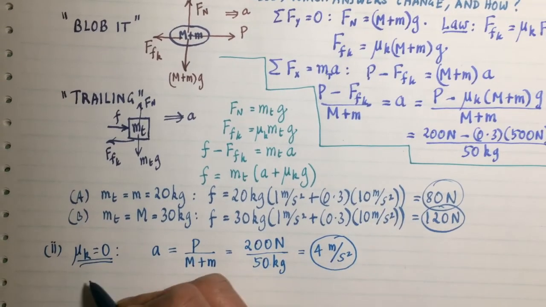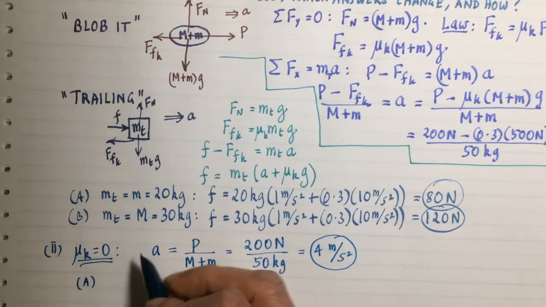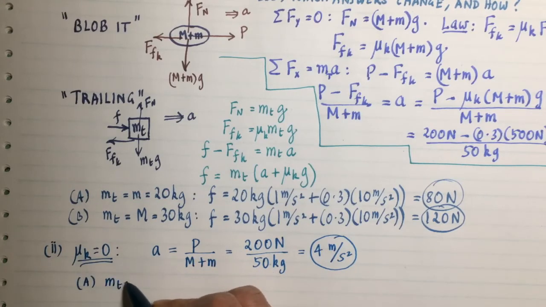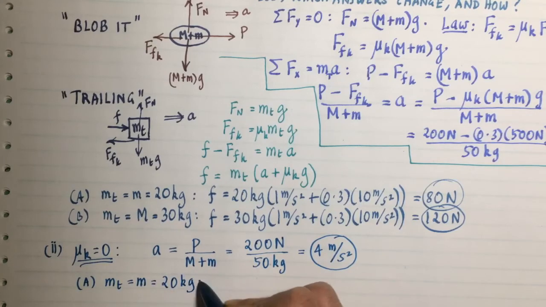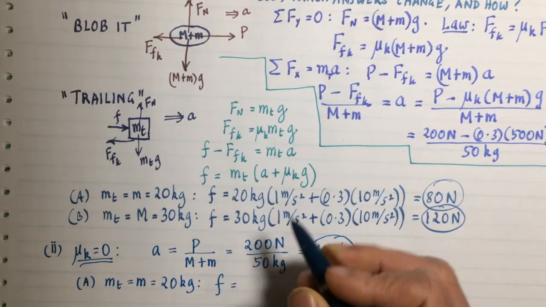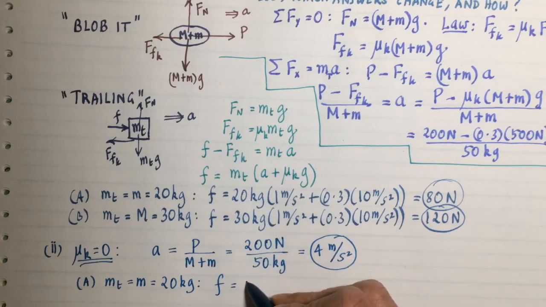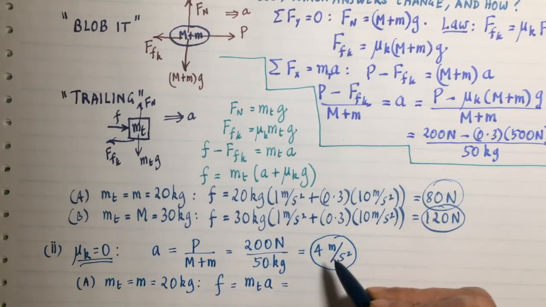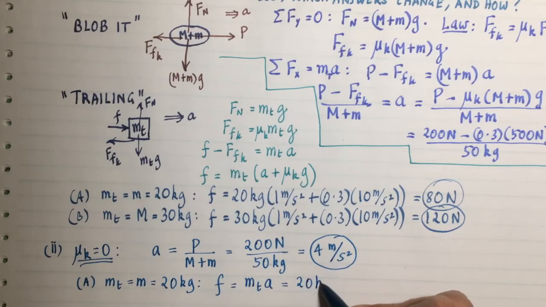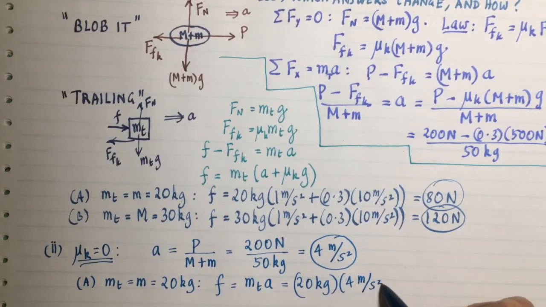And let's now look at what happens if the trailing mass is the smaller one. This time, for the force between the two, you will put mu k equal to 0. So I'm just going to get m trailing times the acceleration. The trailing mass is 20 kg and the acceleration is 4 meters per second squared.